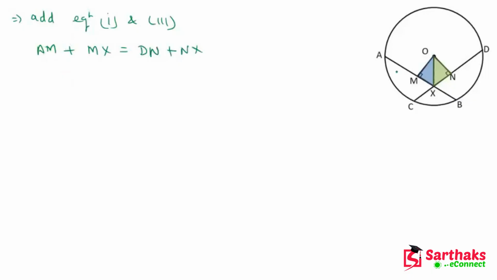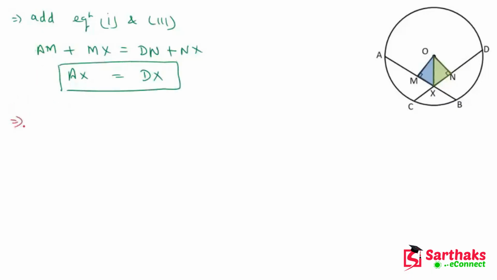AM plus MX is AX, which is equal to DN plus NX, which is DX. Okay, understand, my dear friends?